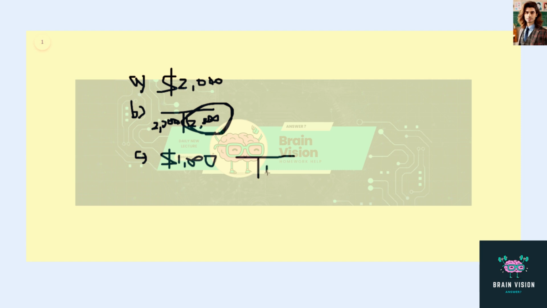So this is 1,000 here, and the reserve ratio is 100%, so on the left hand side we also write 1,000. So what is the quantity of money? It is cash plus this deposit, which is 2,000.